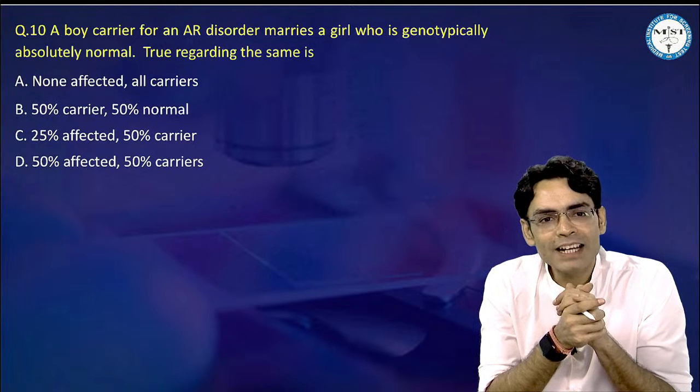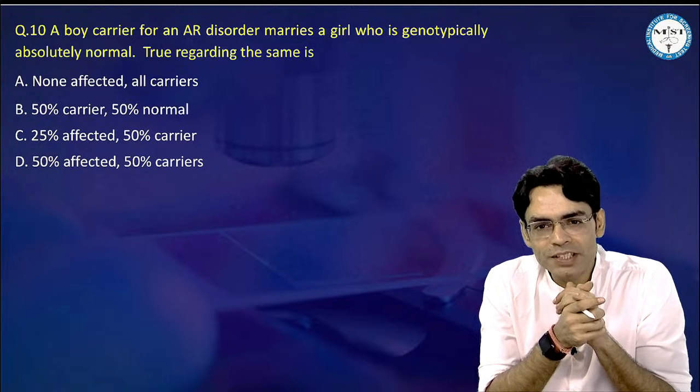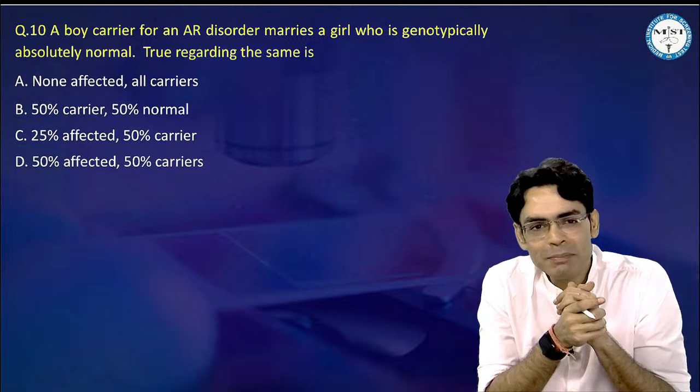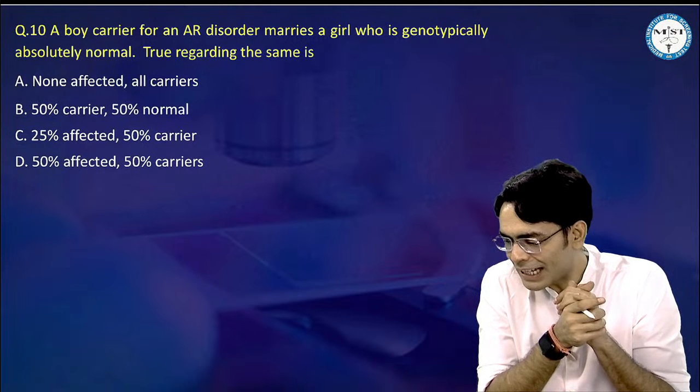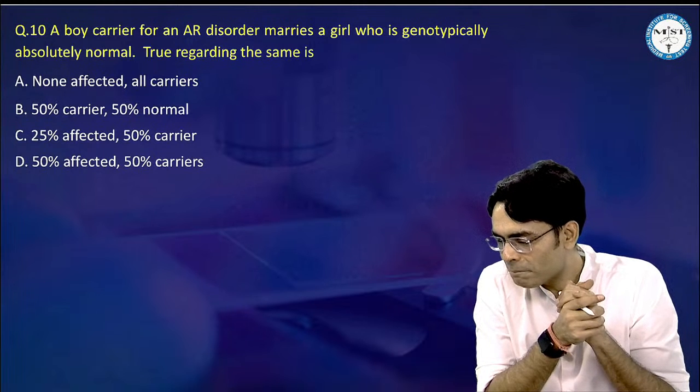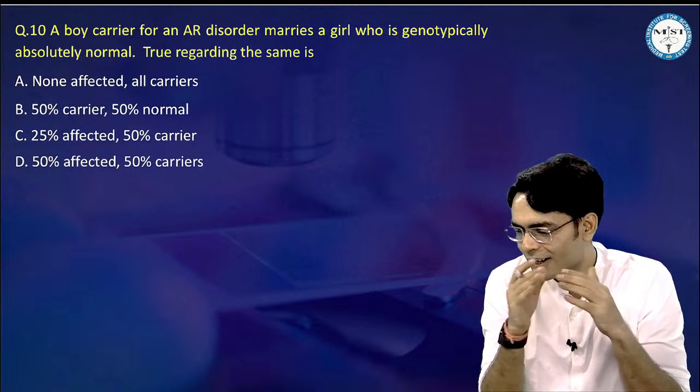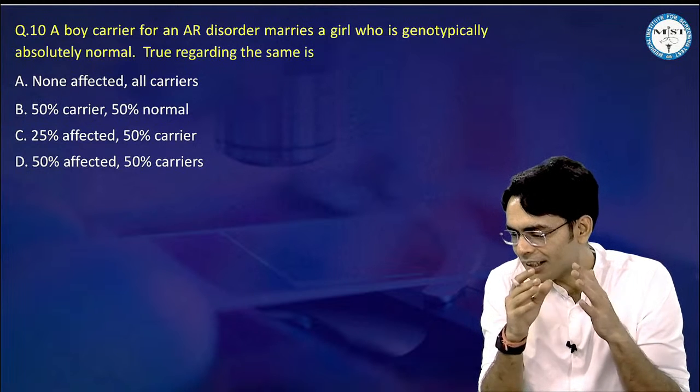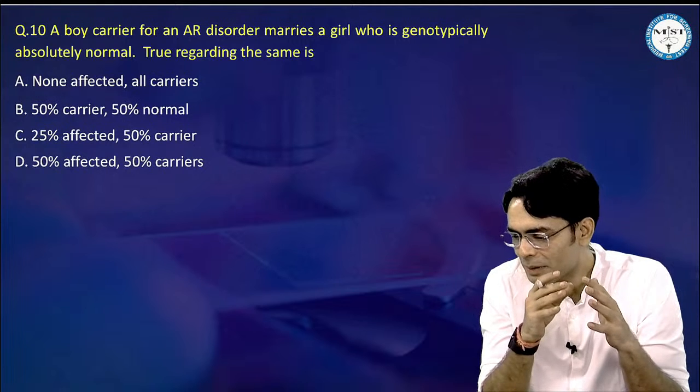C, 25% affected, 50% carriers. D, 50% affected and 50% carriers. Let me see what you are answering. So there are B and C. This is what you are confused in, B and C.